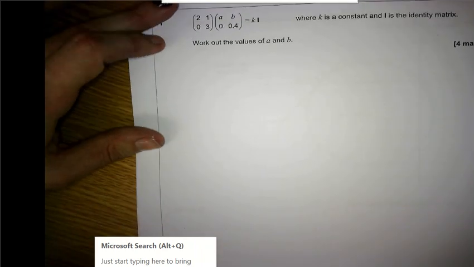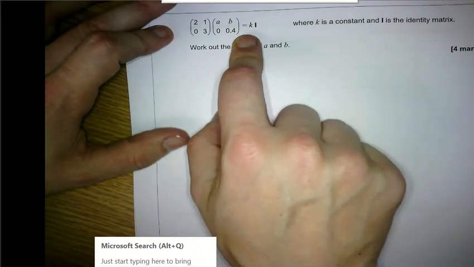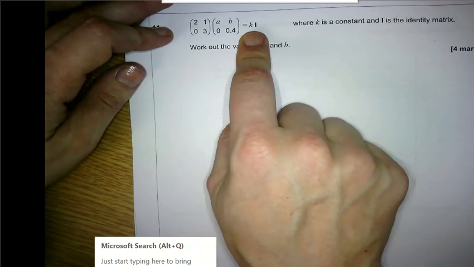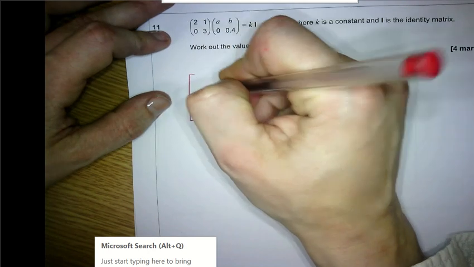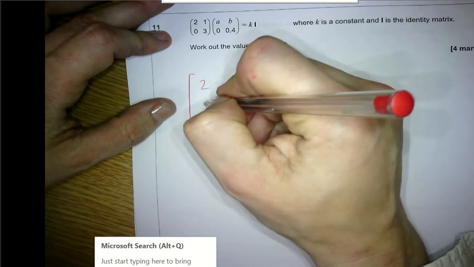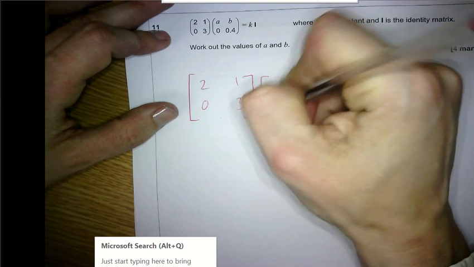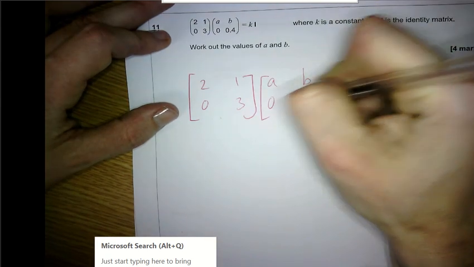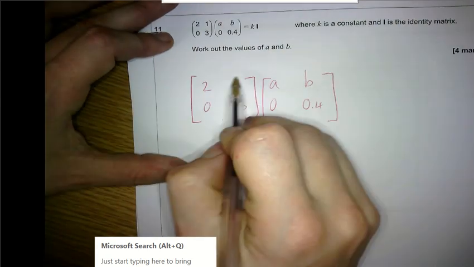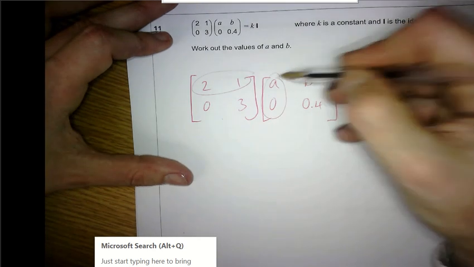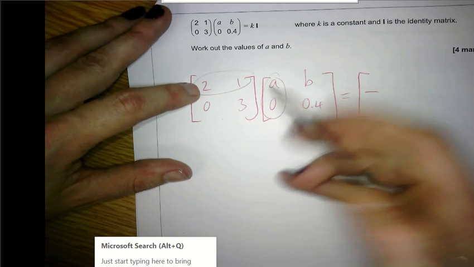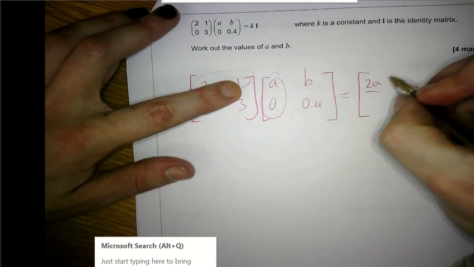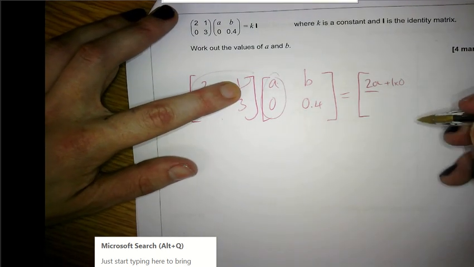Question 11. I've got two matrices, multiplied together, giving me k lots of the identity matrix. Work out the values of a and b. So I'm going to use matrix multiplication to work out my left-hand side. Top row times left column to work out top left element: 2 times a, so 2a plus 1 times 0.